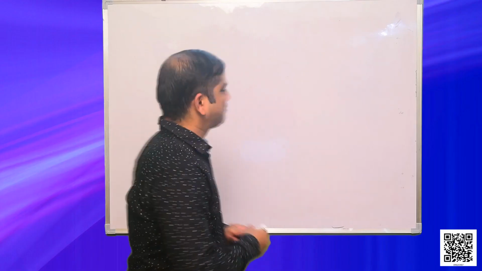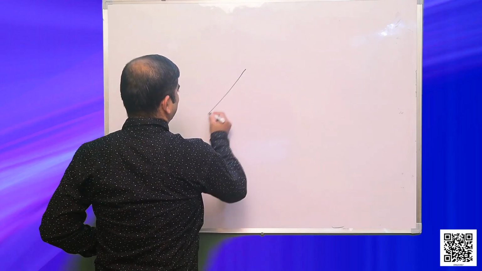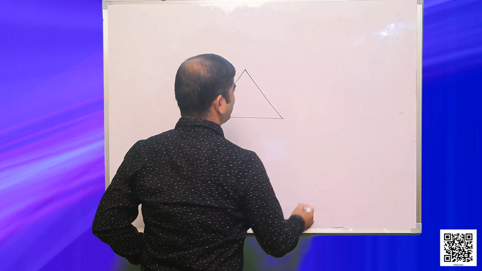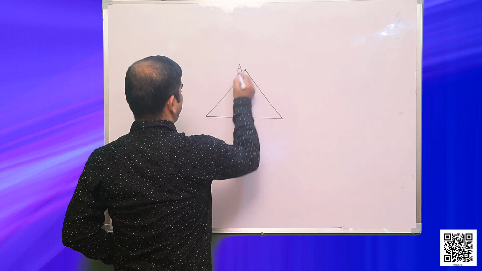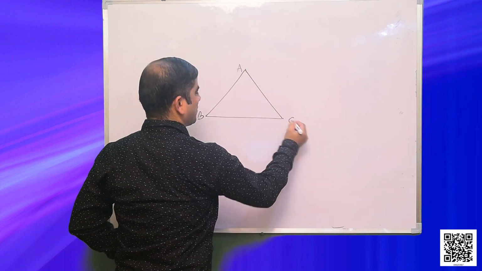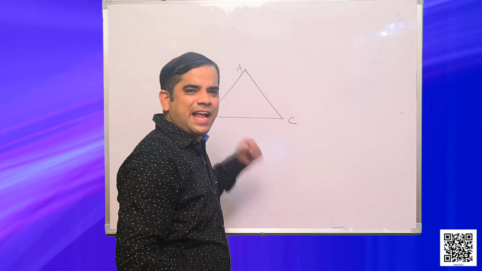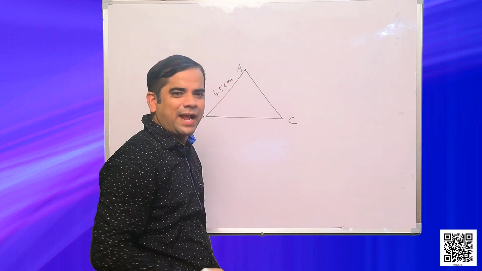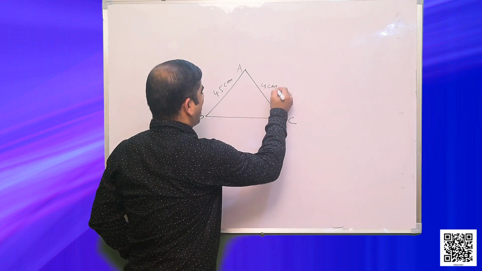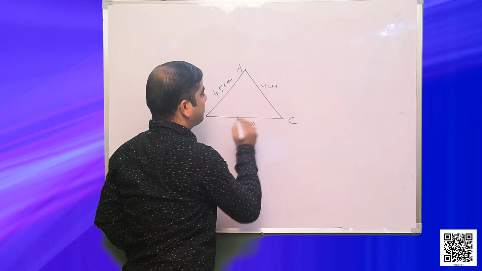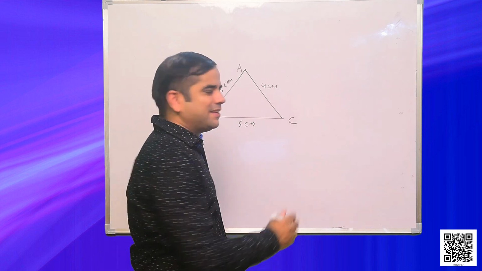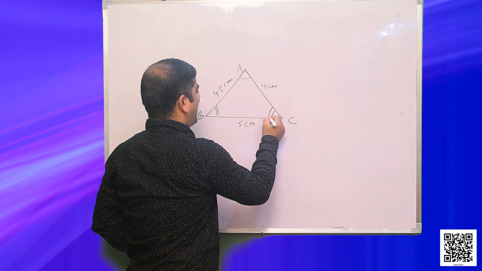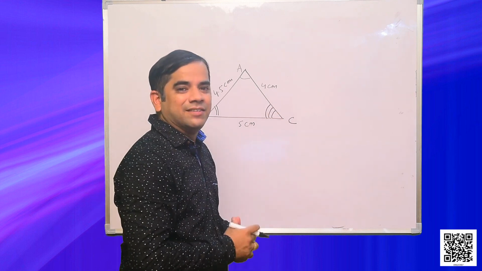That means this is the triangle ABC having 4.5 centimeter, 4 centimeter and 5 centimeter of sides, and some signs are given like this. I will explain what this means.